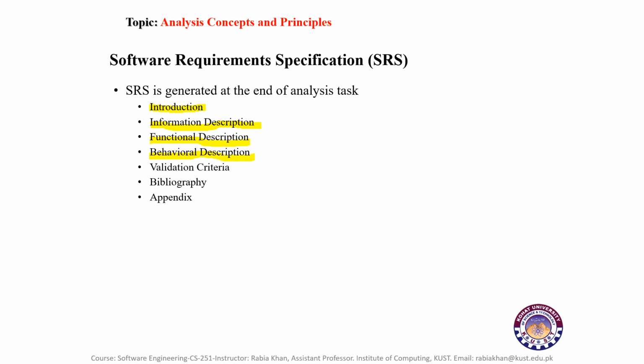So this section of the software requirement specification mainly examines the operation of the software as a consequence of the external events and the internally generated events.